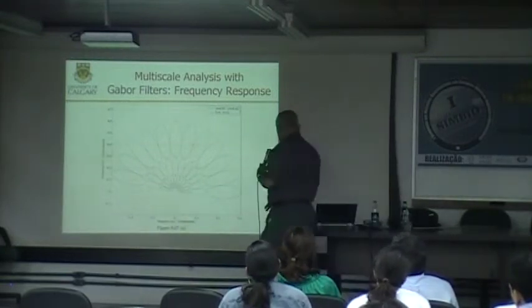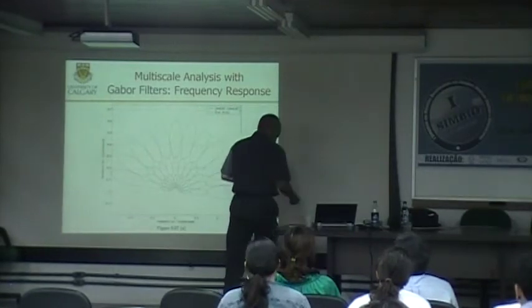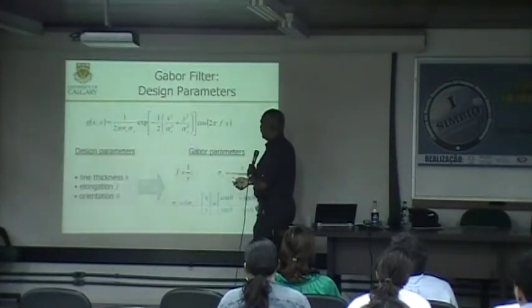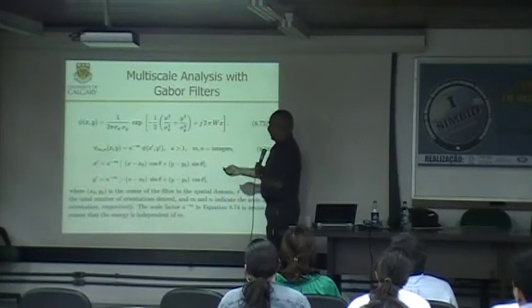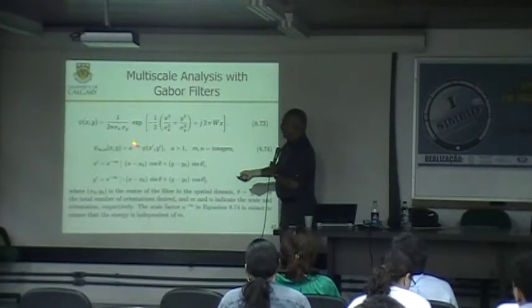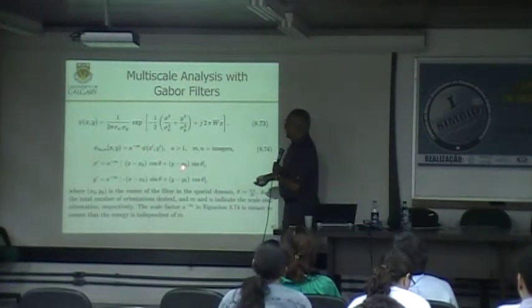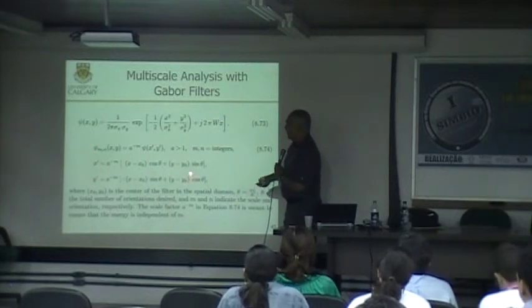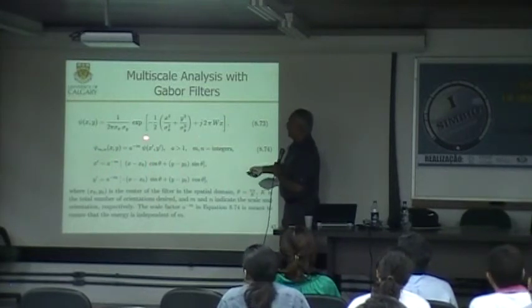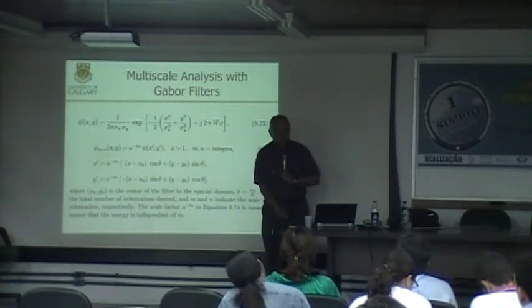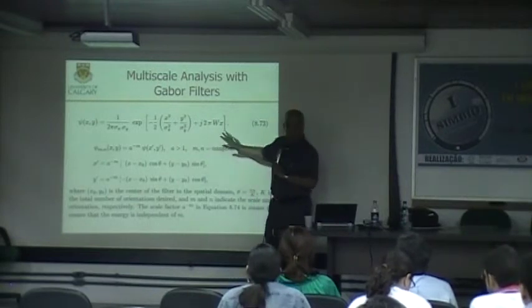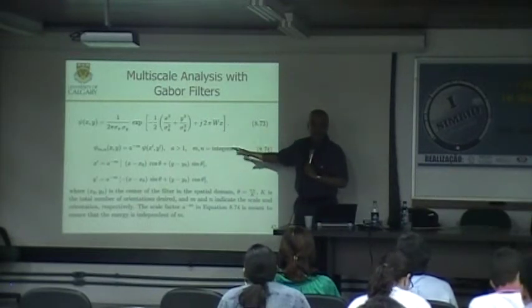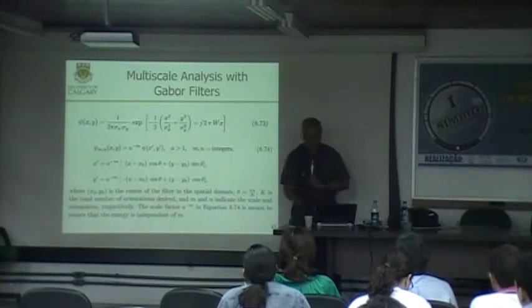So as I showed here, a to the minus m. So this is a bank of filters obtained by scaling and rotation of this basic function. So if you want, you can consider this to be a bank of wavelet filters.